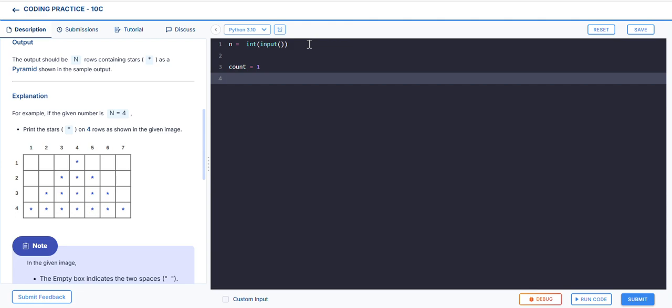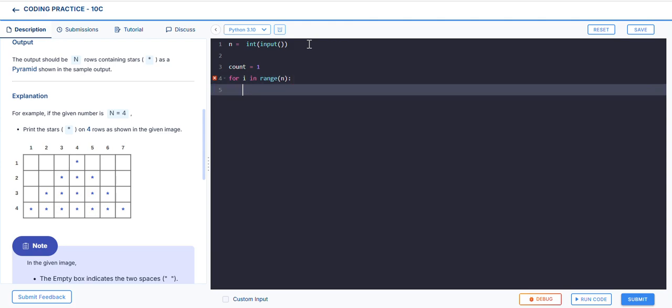That's why for I in range of n. For stars, what we should do is star equal to I plus count. This many times we have to repeat the stars.